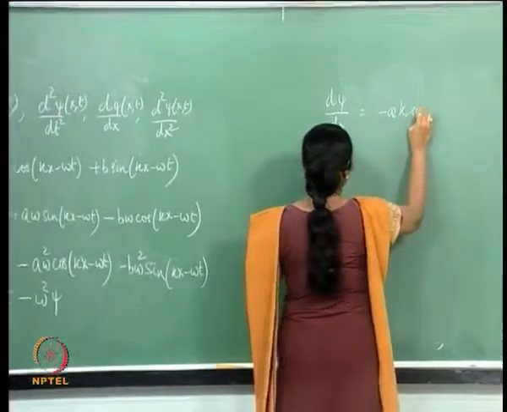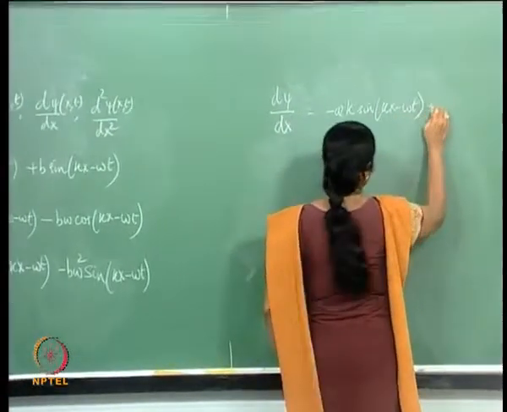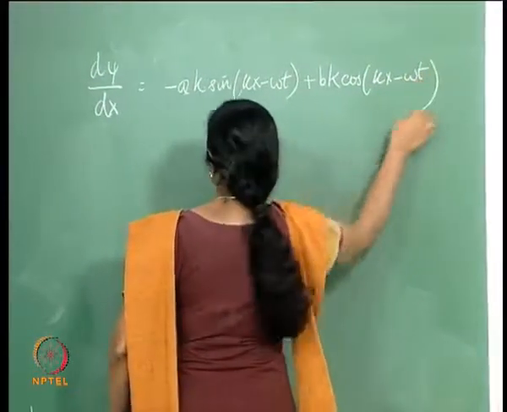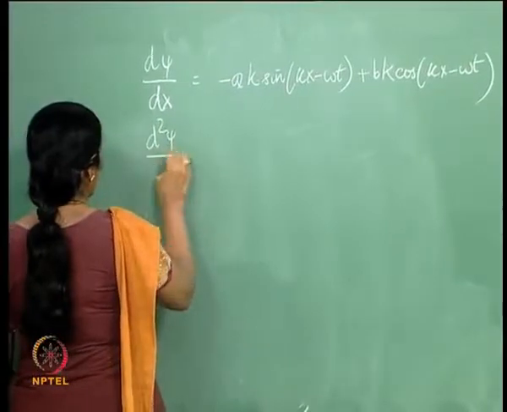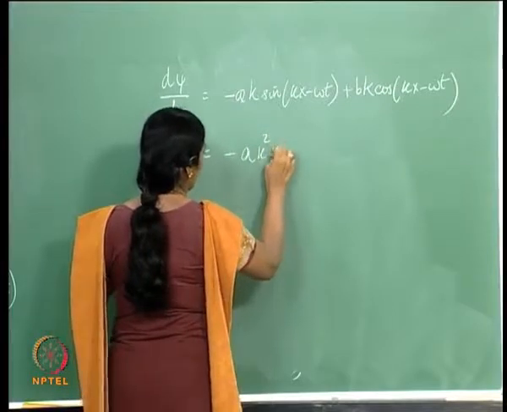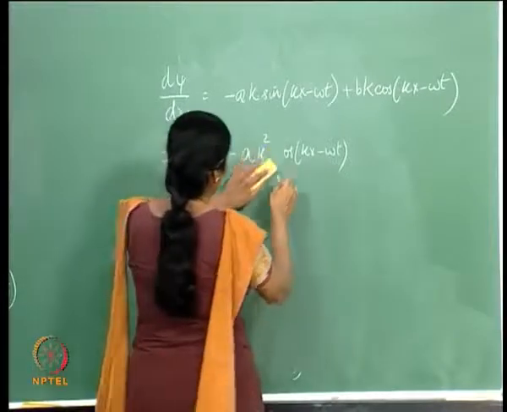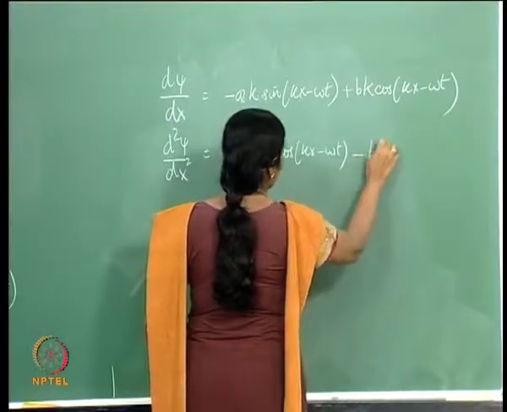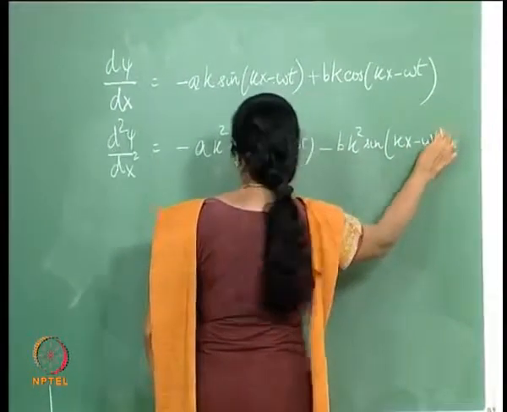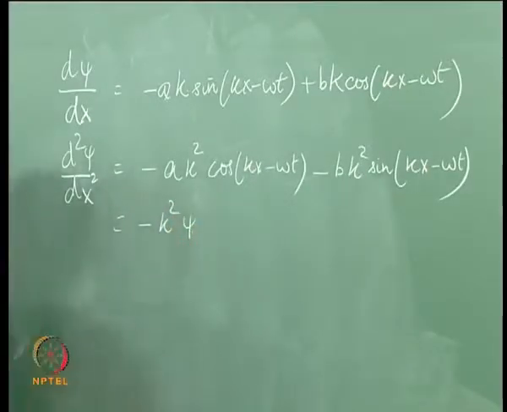Minus ak sin(kx minus omega t) plus bk cos(kx minus omega t), and d2 psi by dx squared is minus ak squared sin/cos(kx minus omega t) minus bk squared sin(kx minus omega t), or that's the same as minus k squared psi.